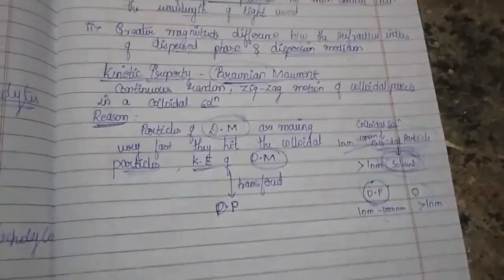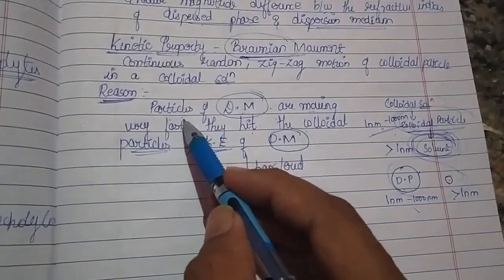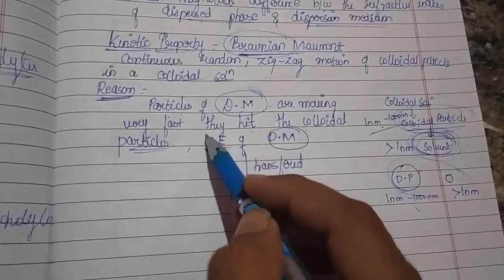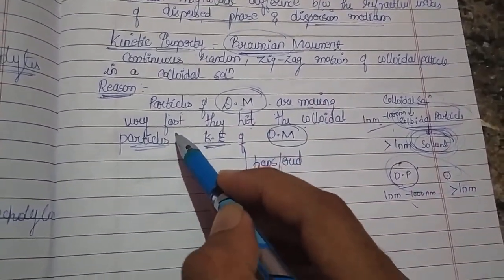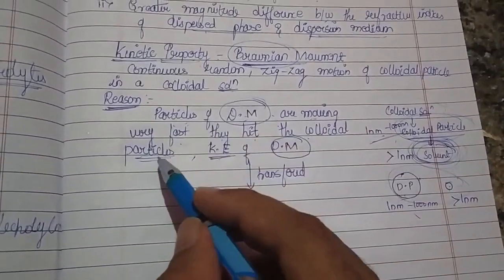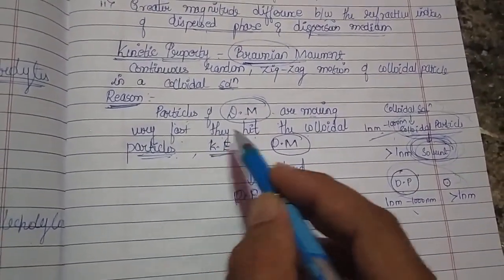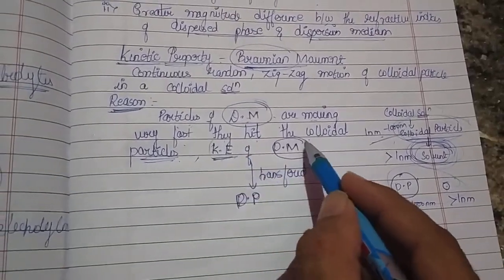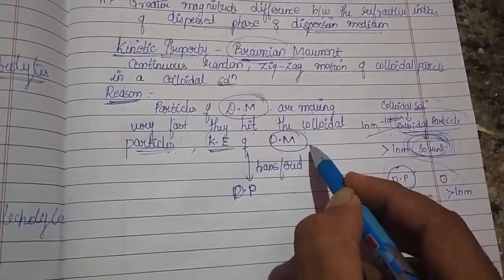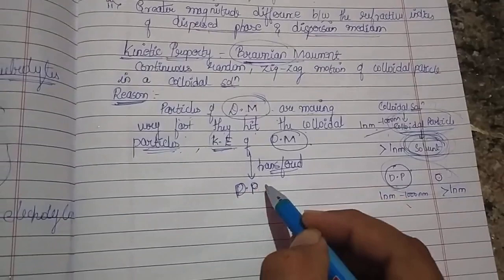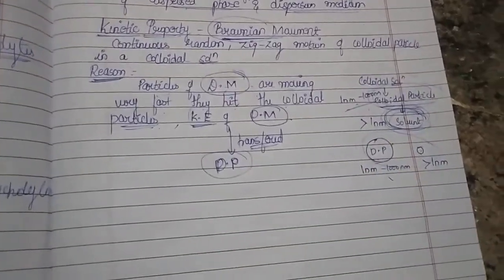Very much interesting, alva. ಏನು ಹೇಳುತ್ತೆ, particles of the dispersed medium are moving very fast. At that interval of time, they are going to hit the colloidal particles. So ಆ ಒಂದು collision ಆದಾಗ ಏನಾಗುತ್ತೆ, whatever the kinetic energy of your dispersed medium particles were there, they are transferred to your dispersed phase particles.